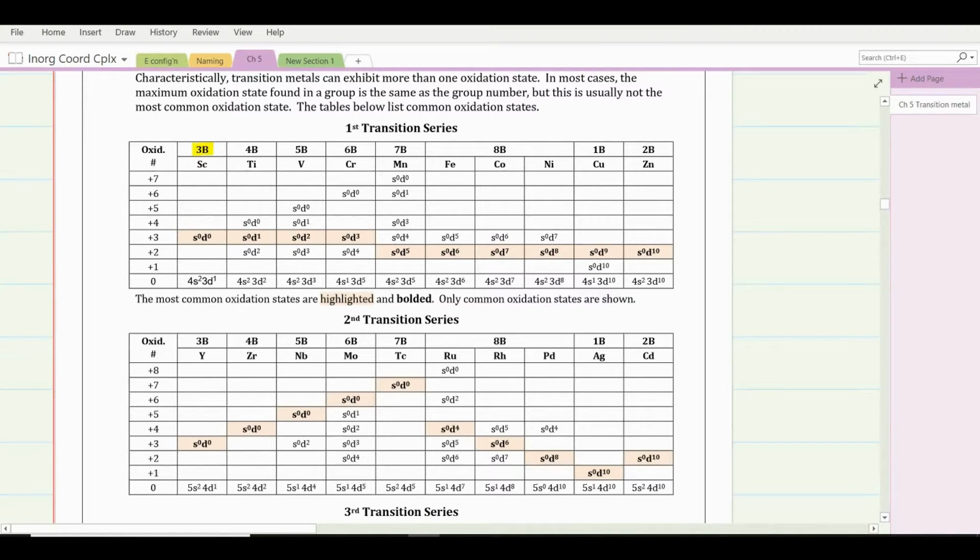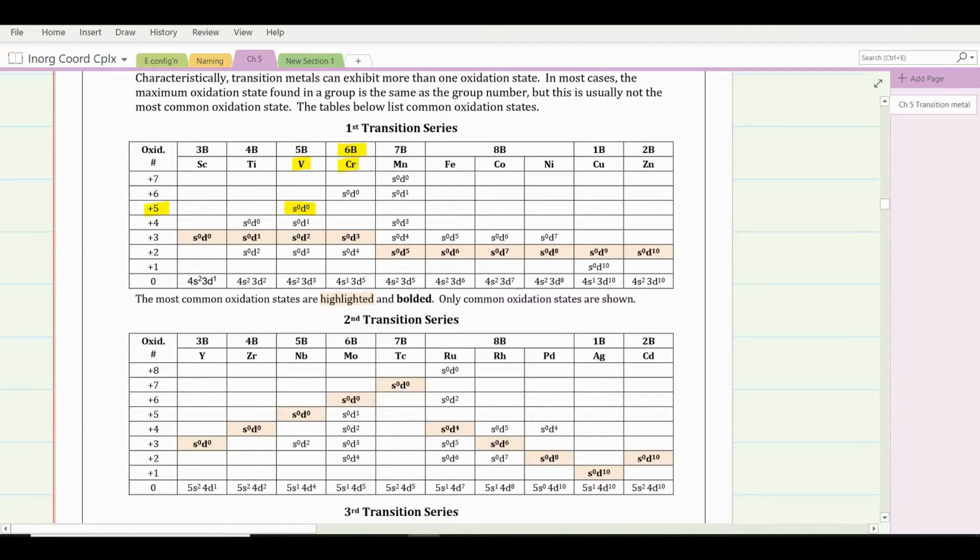The group numbers represent the highest possible oxidation state for any member of the group. In group 3b, of course, you're only +3. In group 4b, 4 is the highest oxidation state of any member in the group, titanium in this case. In group 5b, vanadium's highest oxidation state is +5.